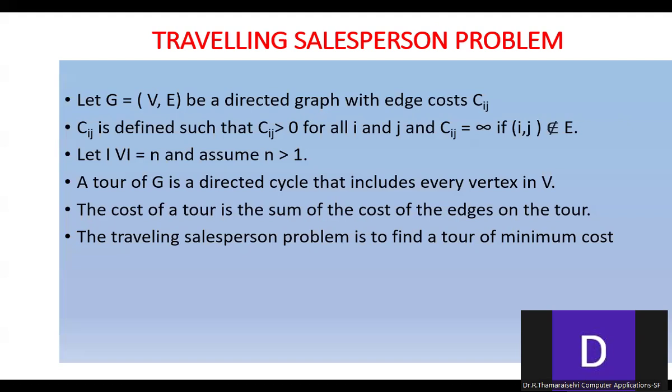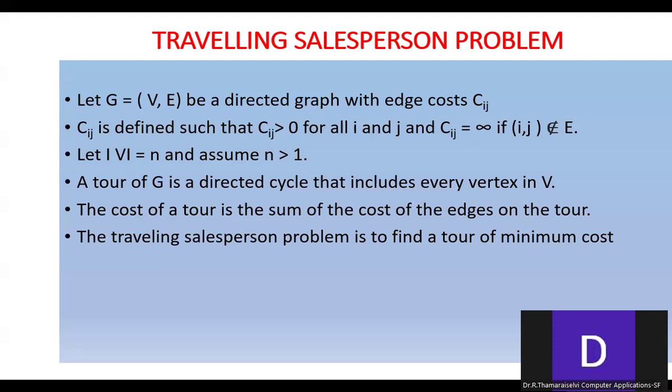Cij is defined such that Cij is greater than 0 for all i and j, and Cij is equal to infinity if there is no edge between i and j. If there is an edge between i and j, then Cij must be greater than 0.